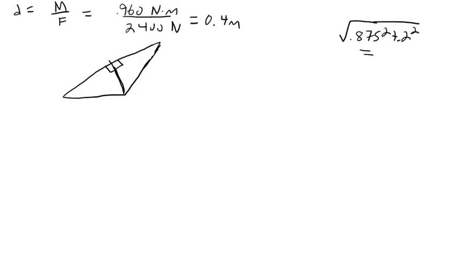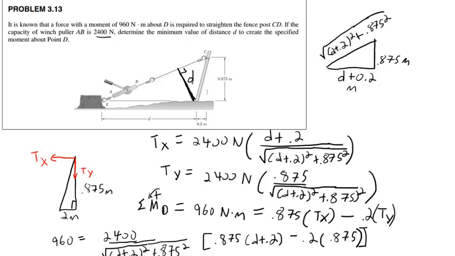And that comes to 0.8978. So this is 0.8978. And this is the d we're looking for. Okay? And then, let's see. If I know that's the case, we know this is the d.